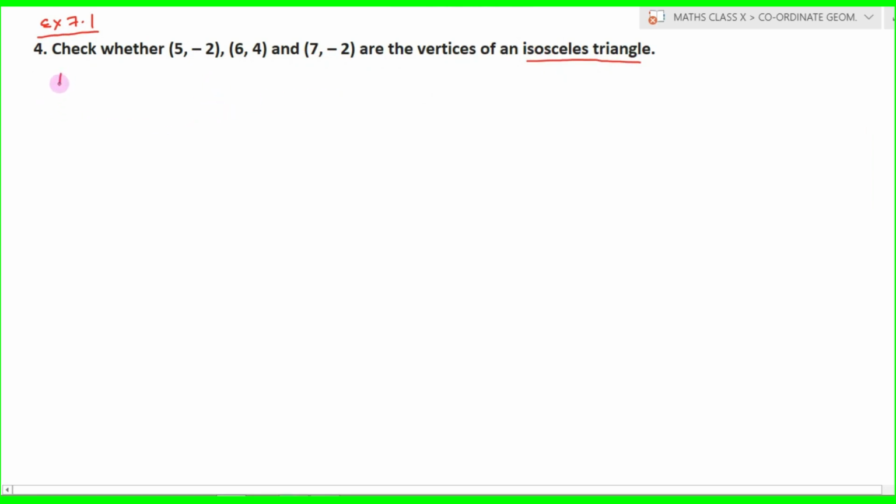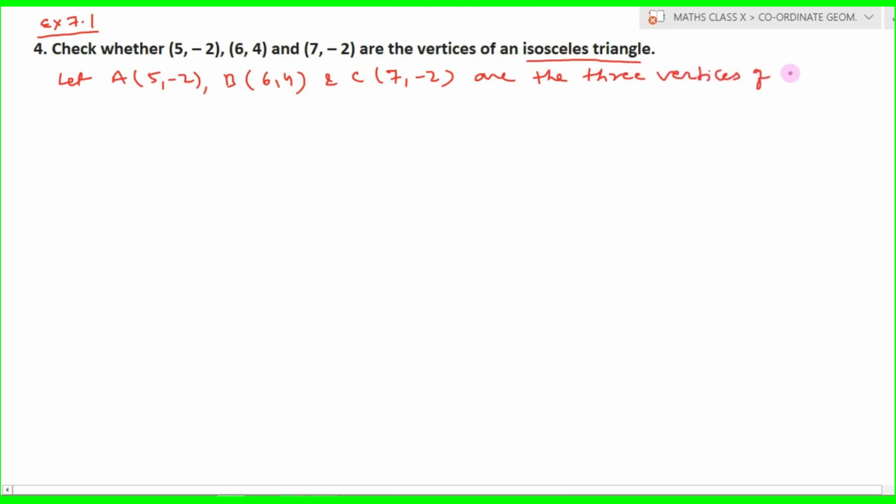First of all, let A (5, minus 2), B (6, 4) and C (7, minus 2) be the 3 vertices of triangle ABC.